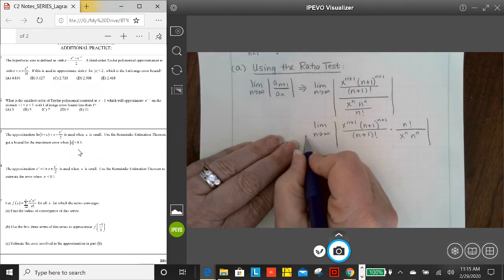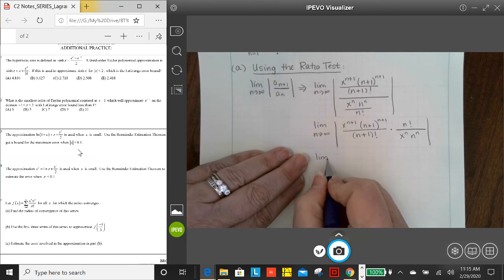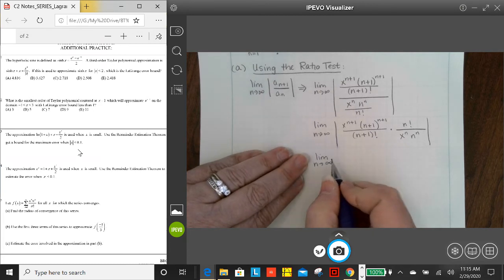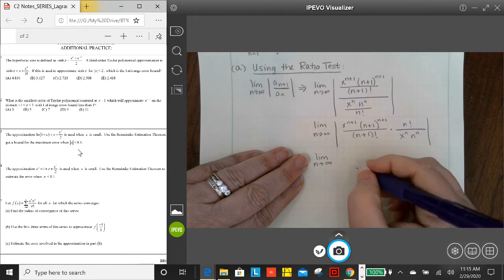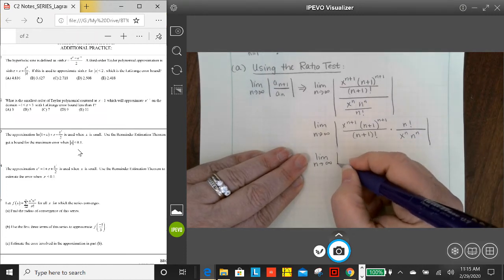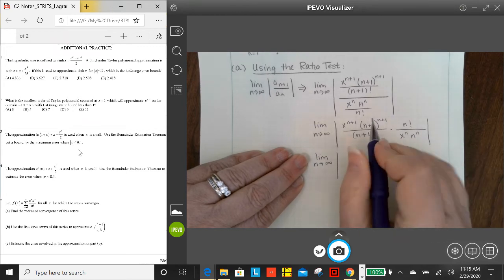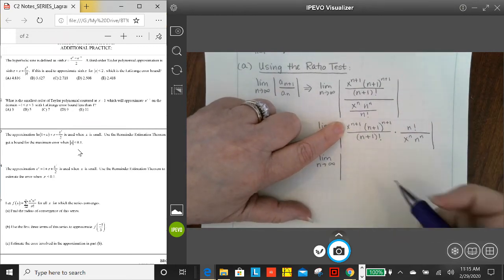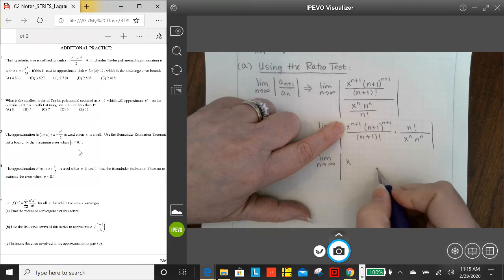All right, and then we're going to simplify a bit. x to the n plus 1 over x to the n is just x to the first.